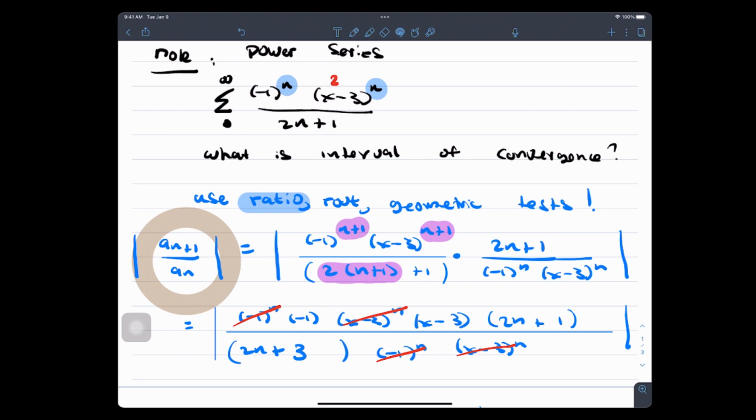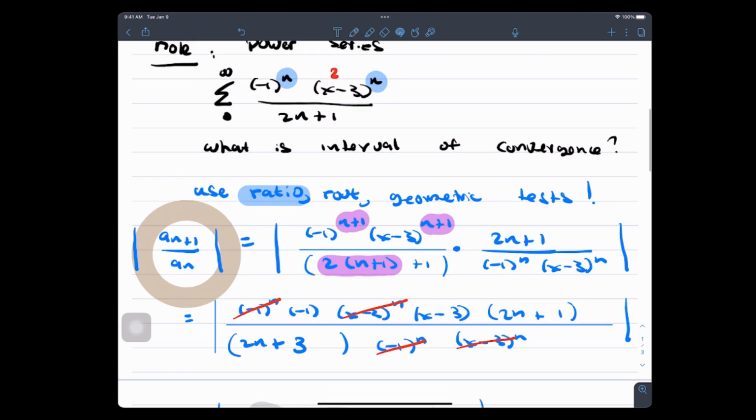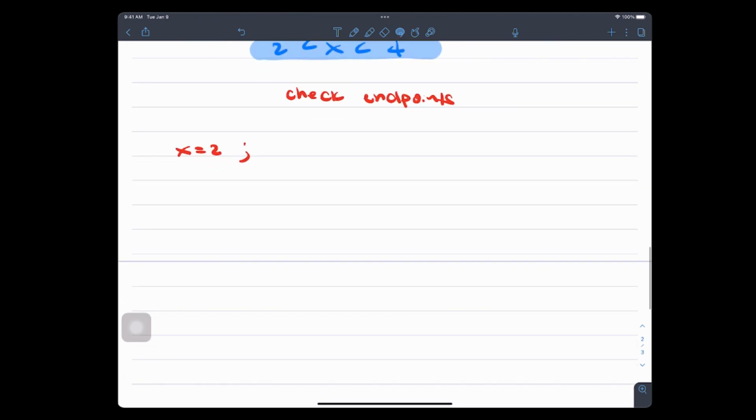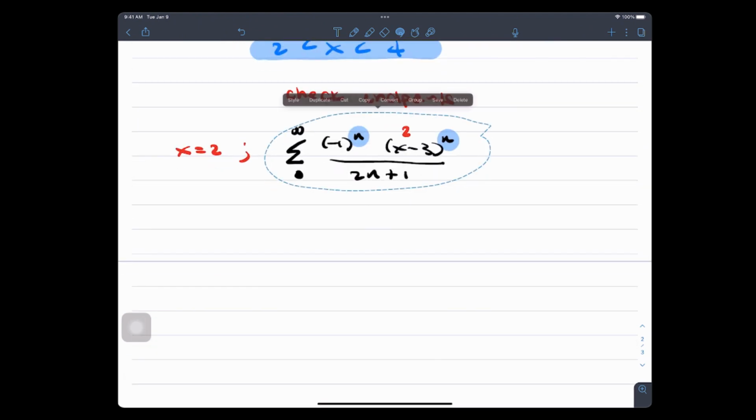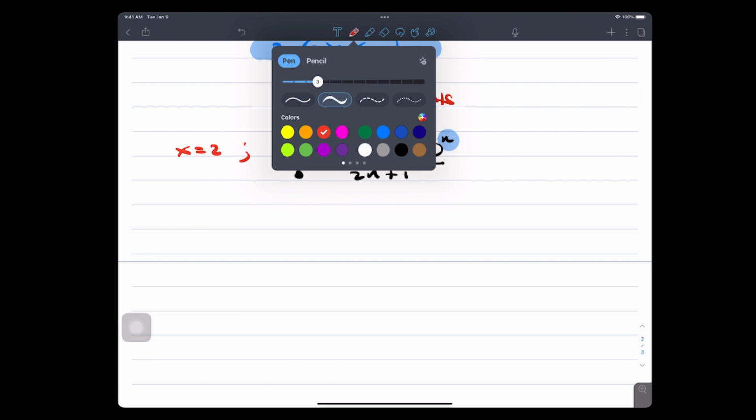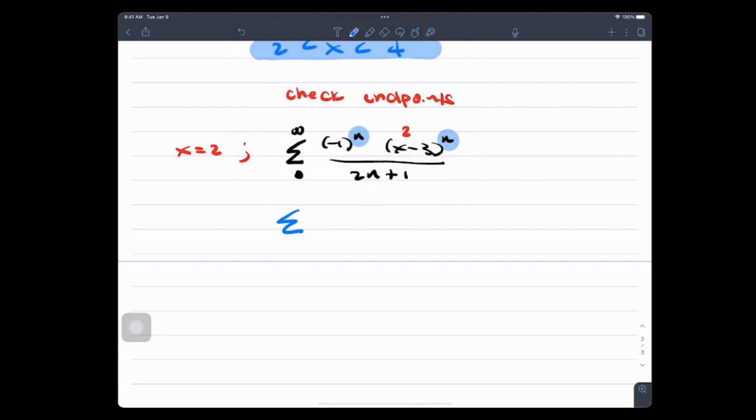I'm going to bring all that stuff down, copy it. And you end up now with the sum from 0 to infinity of negative 1 to the n, negative 1 to the n over 2n plus 1. And so you might say, well, what is this going to be?